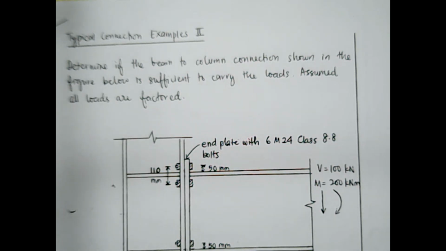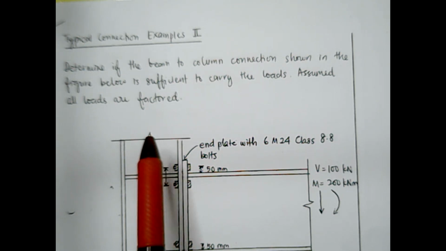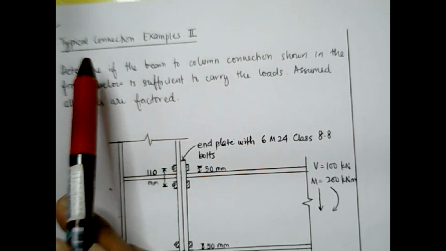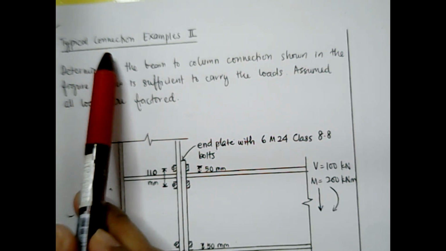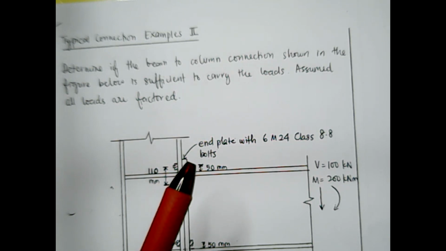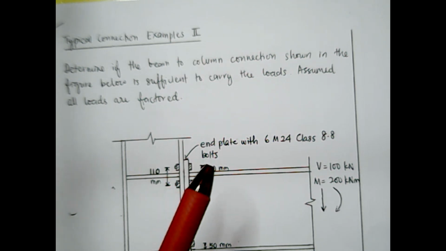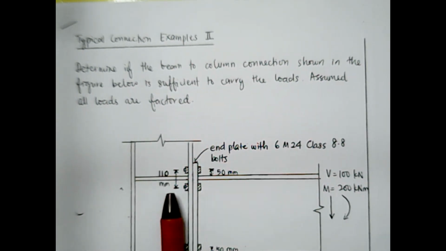As has been explained in the theory session, the main beam to column connections in most of the steel structures are considered under typical connections, which means they consist of a variety of types of connections, and among them you can have what you can see in this figure.